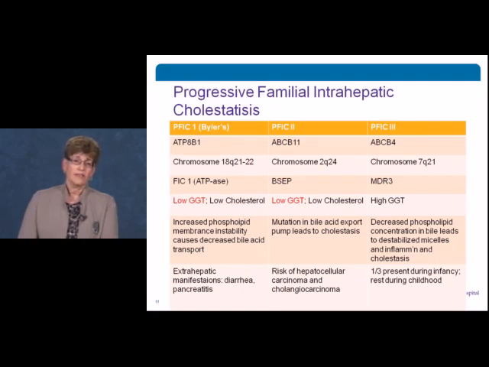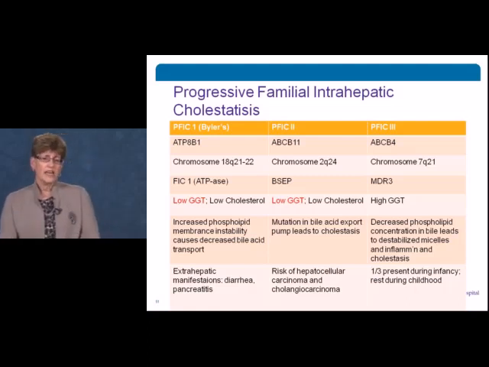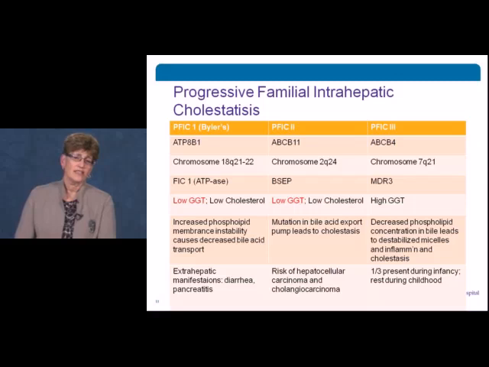In PFIC 1, as we said before, that enzyme causes increased phospholipid membrane instability and therefore causes a decrease in the ability for bile acids to be transported out of the hepatocyte through the canalicular membrane.